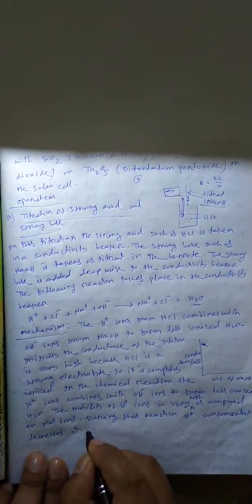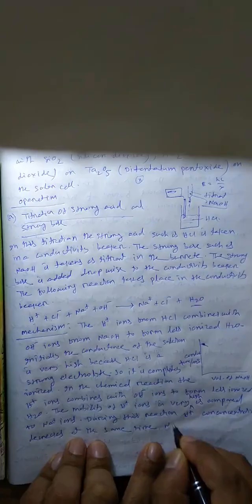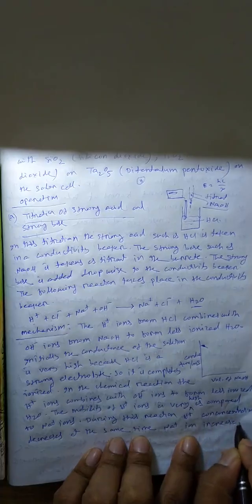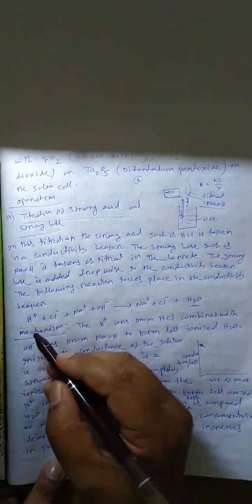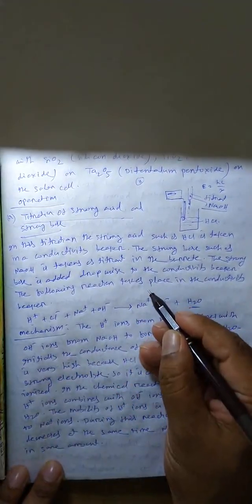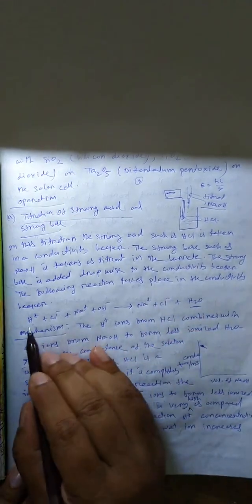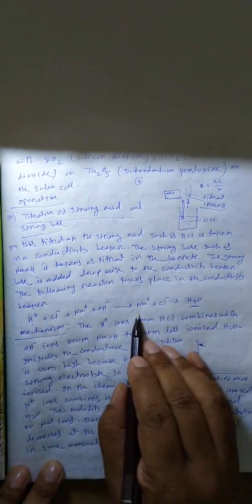At the same time, the Na plus ion increases in the same amount. If 1 mole of H plus ion is consumed to form water, 1 mole of Na plus ion is formed. So the number of cations will not change. That means 1 mole of H plus ion consumed, then 1 mole of Na plus ion is formed.